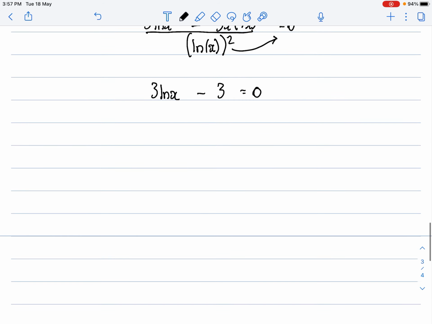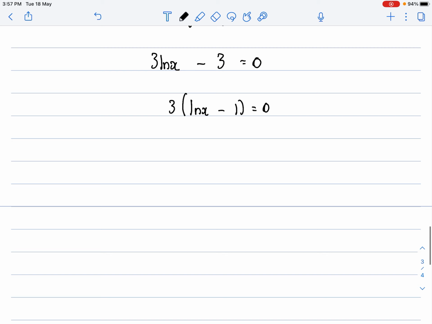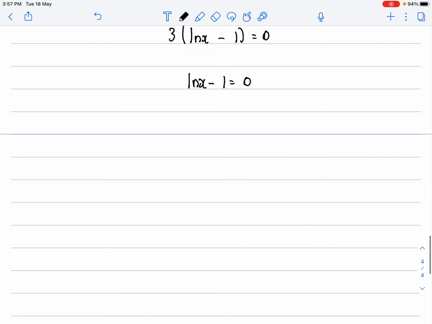Now I can take 3 common and write this as ln x minus 1 is equal to 0. So I'm left with ln x minus 1 is equal to 0, correct? So I can write this as ln x equals 1.